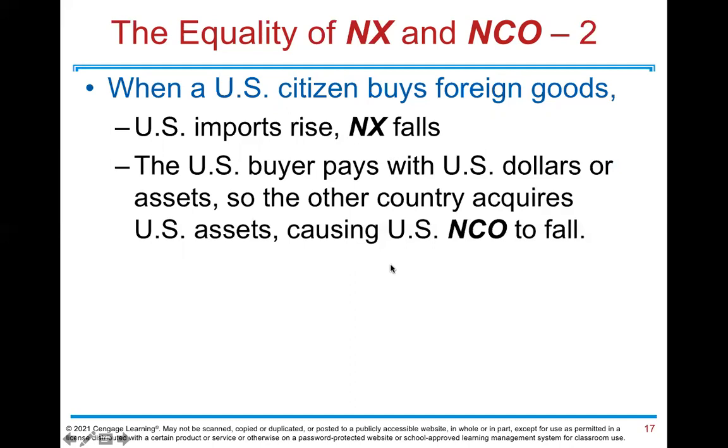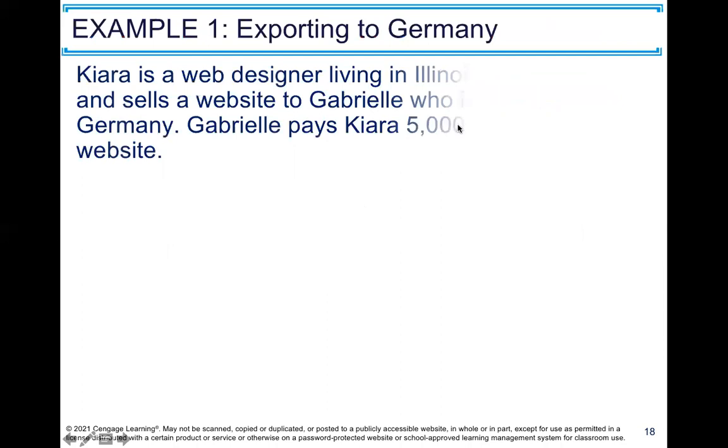Maybe they buy US stocks, maybe they buy US real estate. The point is that they're stuck with US dollars, and they need to do something with those dollars. They can purchase capital, right? And that's why net capital outflow falls, because the rest of the world has just purchased some capital from the US using these dollars, and there's a decrease in net capital outflow.